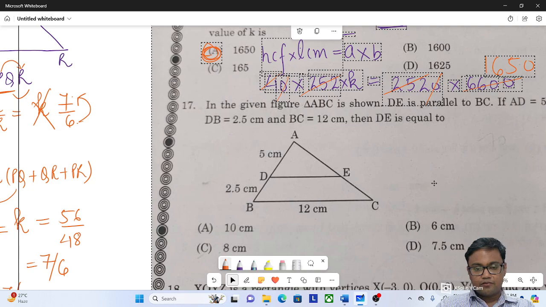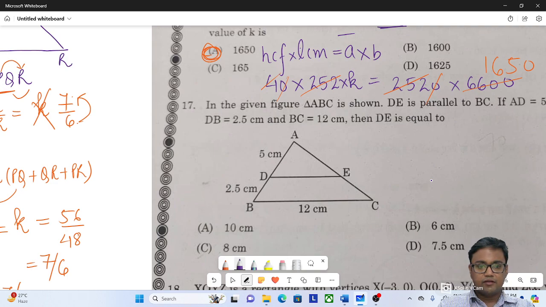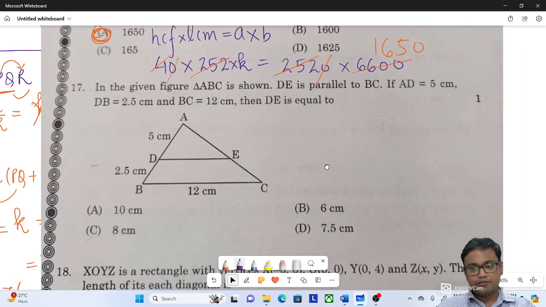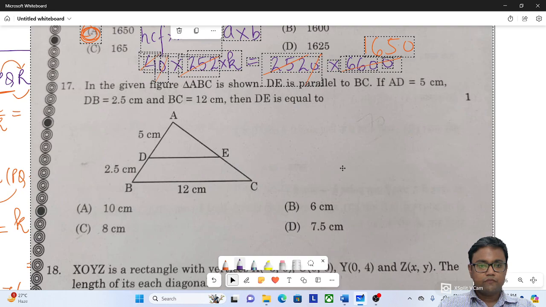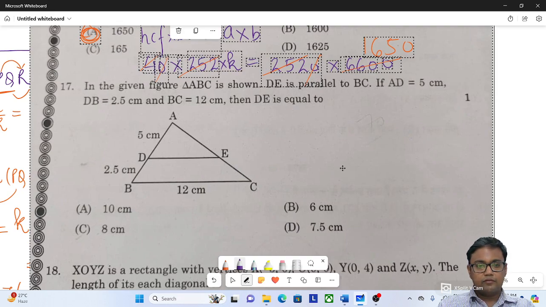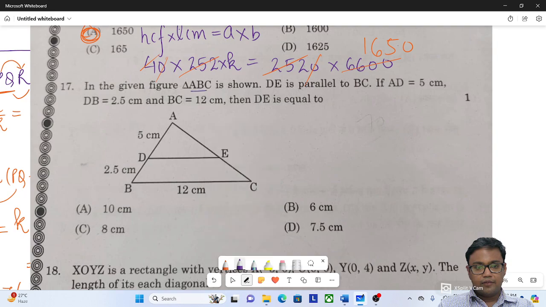Okay, now see children, this is an important question, question number 17 here we have with us. In the given figure which you can see, triangle ABC is the triangle given to you. DE is parallel to BC, and when two line segments are parallel, the corresponding pairs of angles are equal, right?